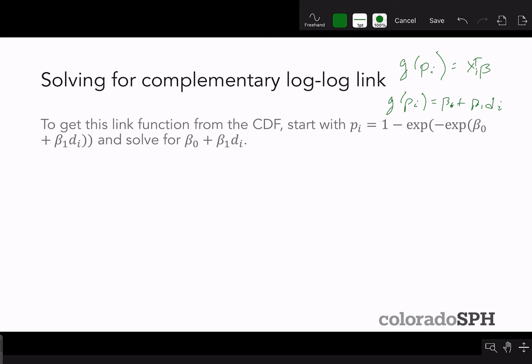And first we're starting with pi is equal to f of di from the previous slide. In this case, f is the CDF of the extreme value distribution, and that's actually written out on this slide for us here.